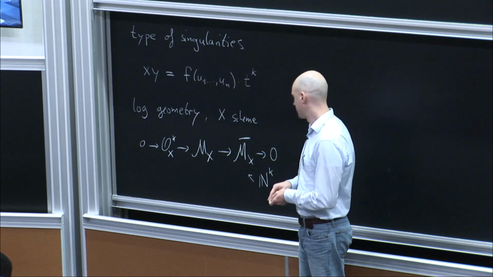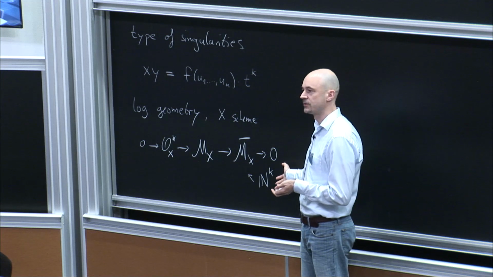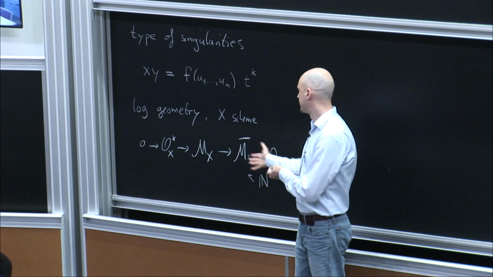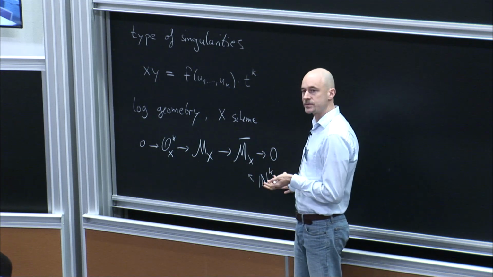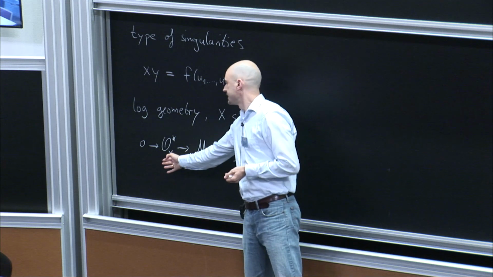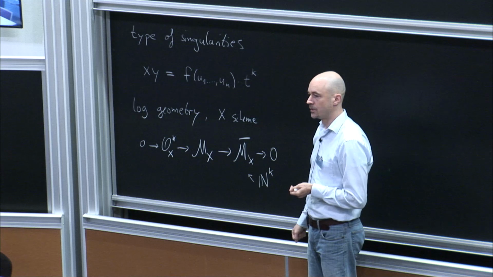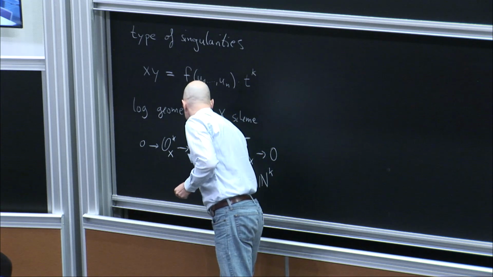It's an extension of a very easy monoid like N to the k, or more generally, monoids that you know from toric geometry you can put here. But in the sheafy version, I'm talking about stalks now. Anyhow, the stalks are like this, and you extend it with the structure sheaf. Okay? So that's not all it is. There's also a map from this thing in the middle into the structure sheaf.